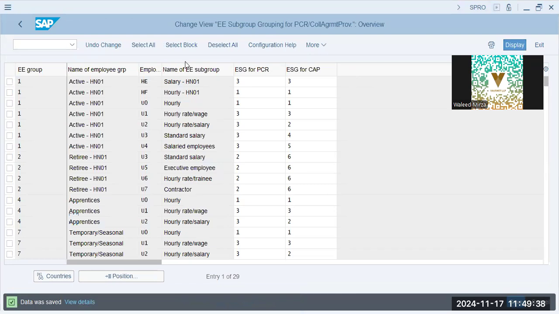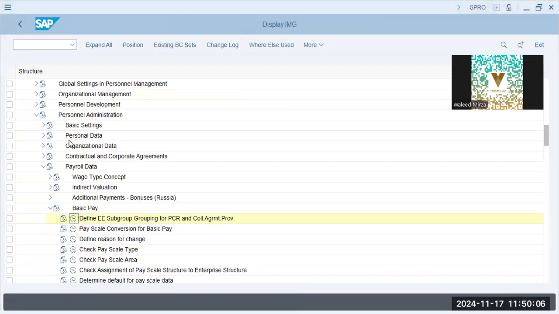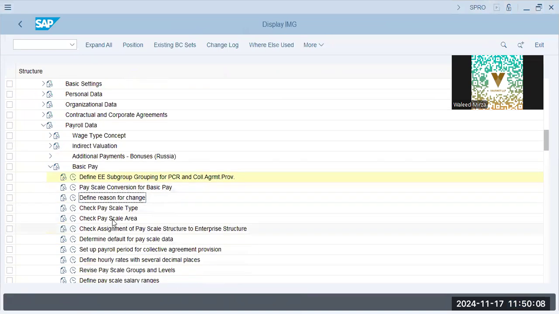Okay, let me just take a snapshot. Okay, check pay scale type.